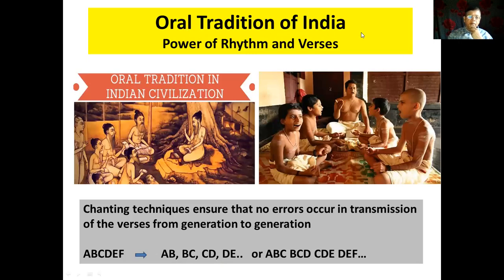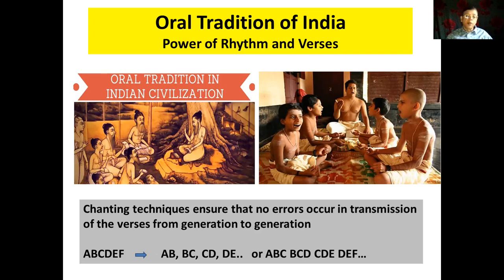And this oral tradition of India shows the power of rhythm in verses. We should realize here that if you have a sentence or a prose or a thought, you can write it in text form, but it is very difficult to remember it if it is in written text form. Indians realized this long back.